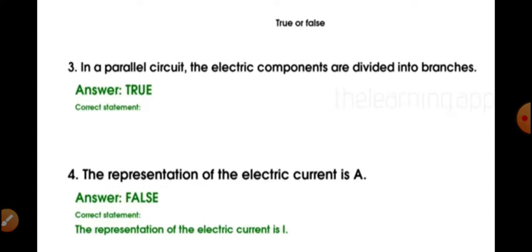Third question, in a parallel circuit the electrical components are divided in branches. Yes, true.